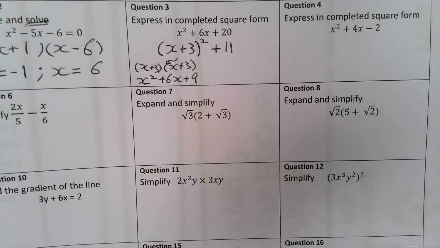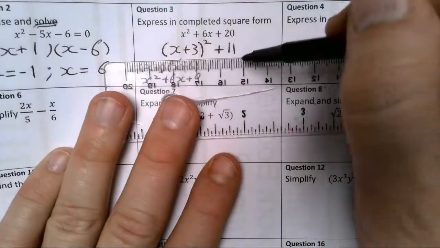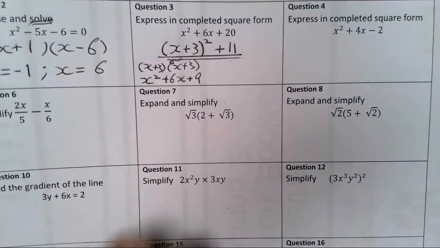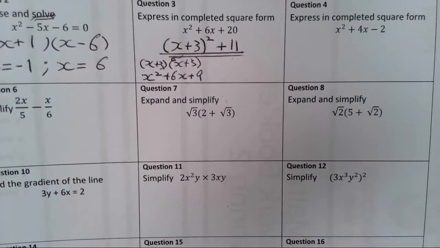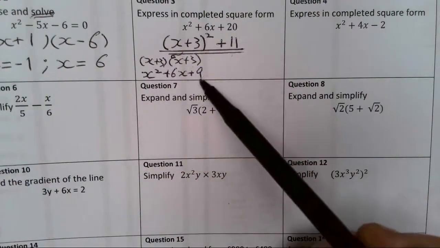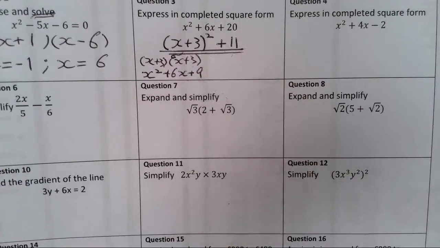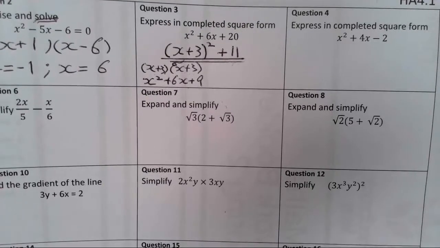So that's called a completed square form, and that is my answer there. What's down below is my workings for it. So I'm just looking at what I would need to add on to 9 so that this would be exactly the same as that.